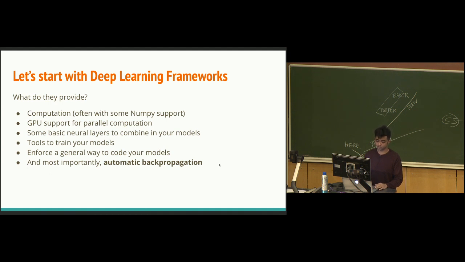They also provide some nice neural network layers, so you don't have to write everything from scratch. There are many things which are already coded for you. And most importantly, they provide something called automatic backpropagation, which we will see later. Recitation 2 is actually on that, but you will see later in lectures what backpropagation actually is.